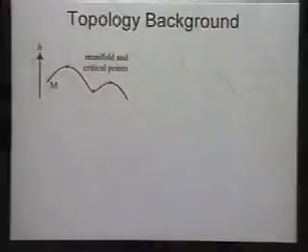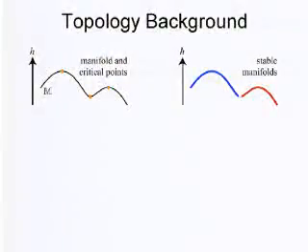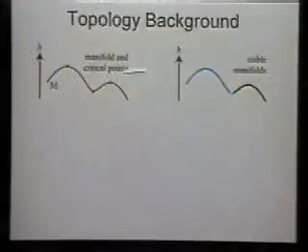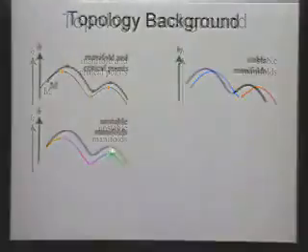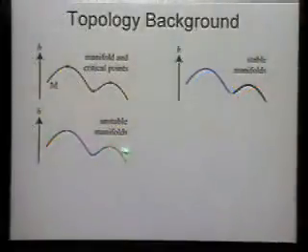These are critical points. So there is a so-called stable manifold, which are all the points that go up to a local maximum. So these are two stable manifolds. There is an unstable manifold, which corresponds to local minima. So we have three unstable manifolds in that case.